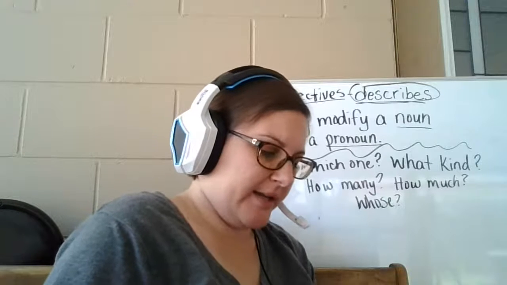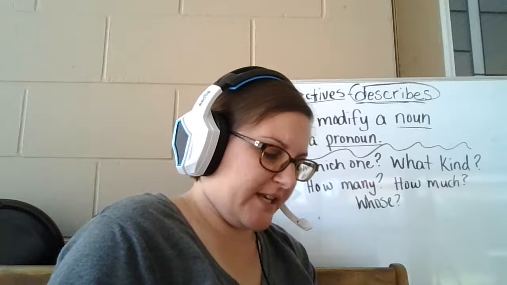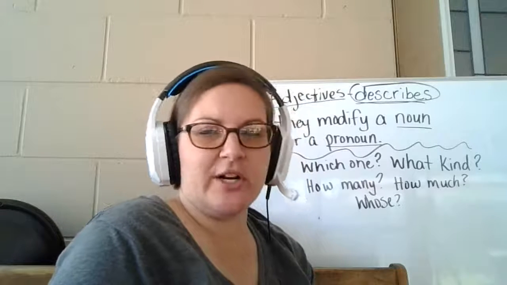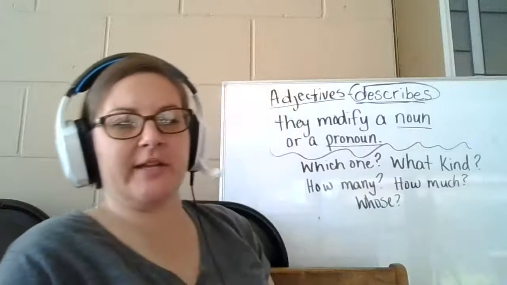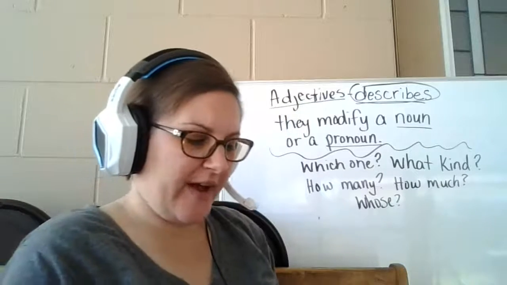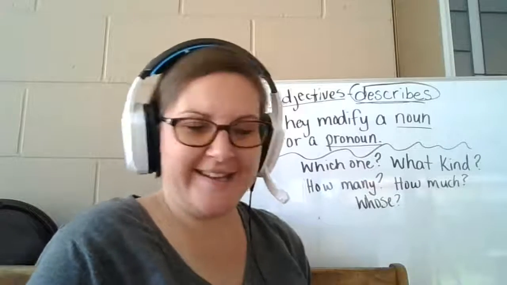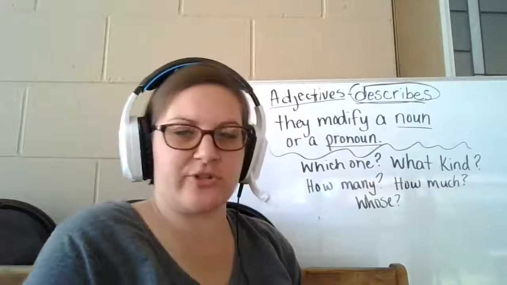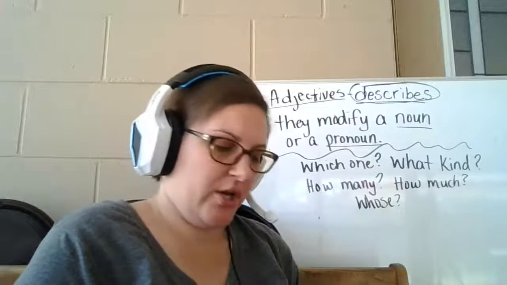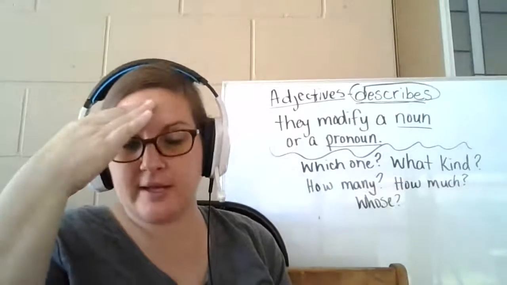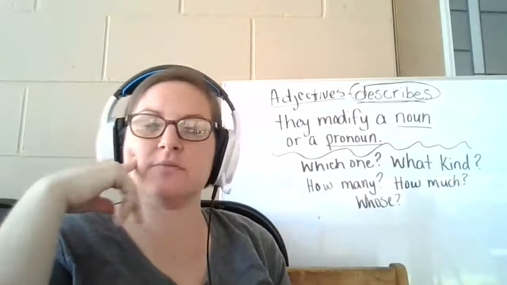Okay, I'm gonna let you do 5, 6, 7, and 8. Go ahead and underline the adjective and put the question. I'm gonna give you a minute to do it the same way, and then we'll go over the answers.